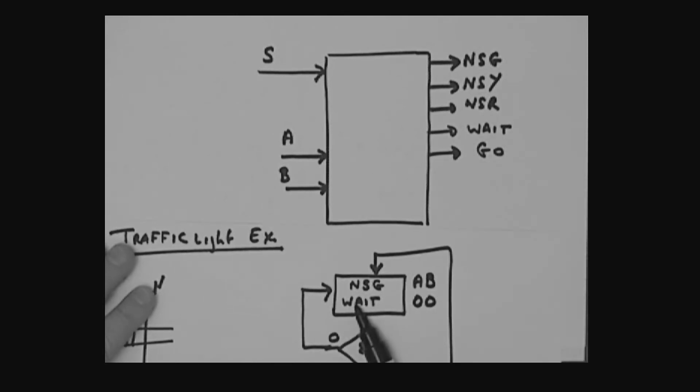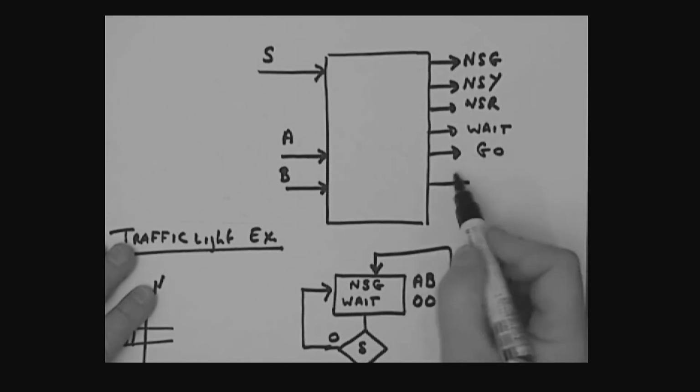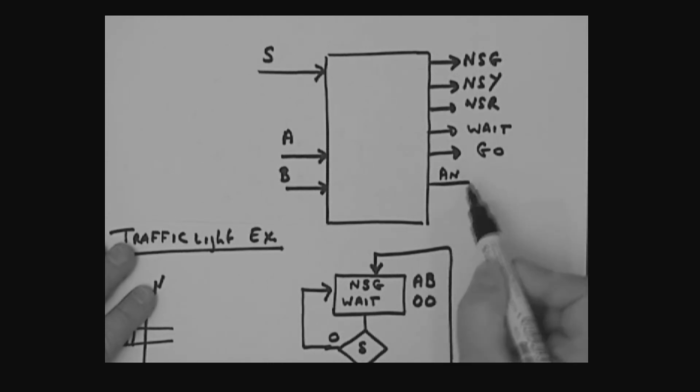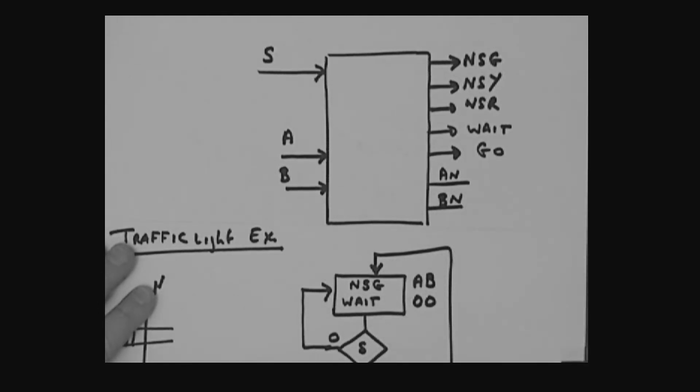But when I move into the next state, then I want to change the light conditions. So I need some information about where I'm going to go next. And so we actually have 2 more outputs here, called AN for next state and BN for next state. That's what we're going to work through and try to develop a better understanding of.